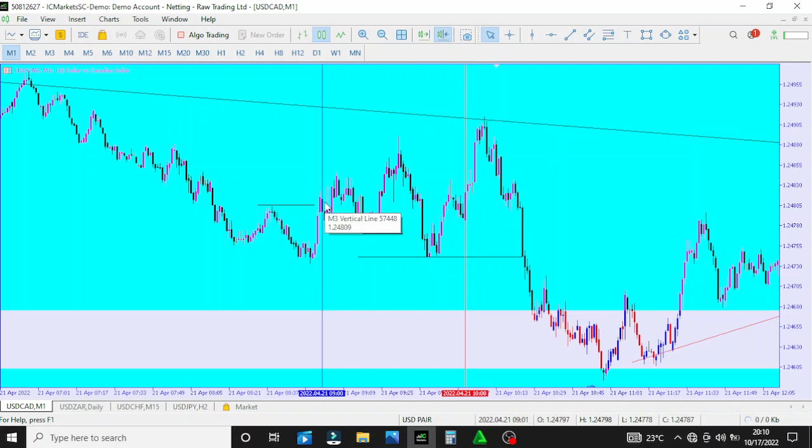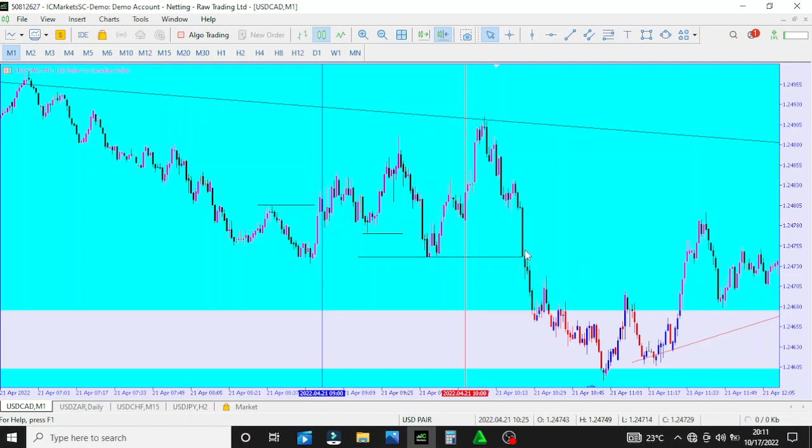You see, Frankfurt opened, created the liquidity and manipulated that liquidity, and London opened, manipulated the liquidity created by Frankfurt. You see, these equal lows were created by Frankfurt. London opened, manipulated this upside liquidity, and went on to create another third touch.